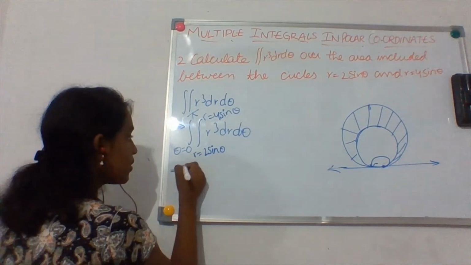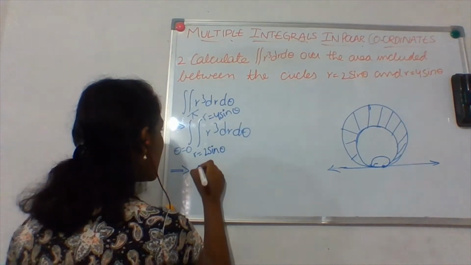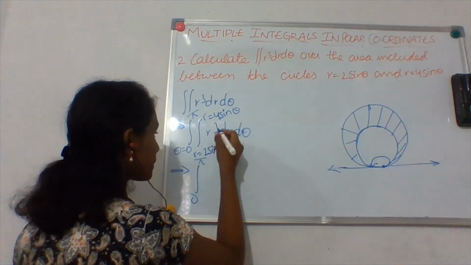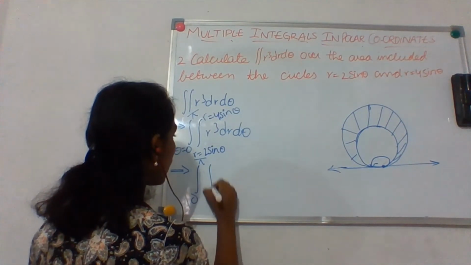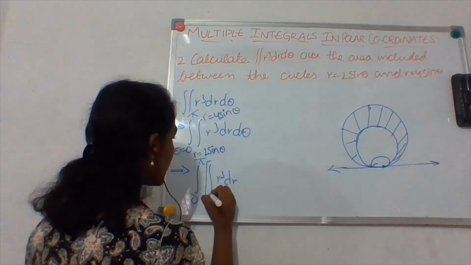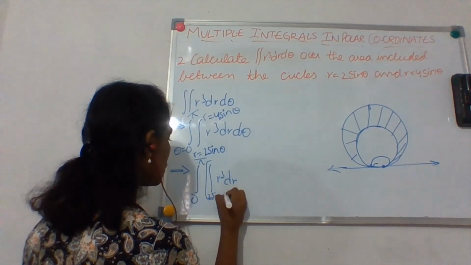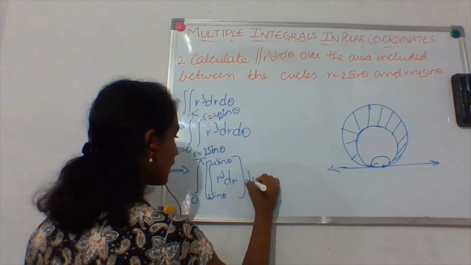For this also, you have to first integrate with respect to dr. So theta from 0 to pi, and you have the integral of r cube dr, that is 2 sin theta to 4 sin theta, d theta, right?